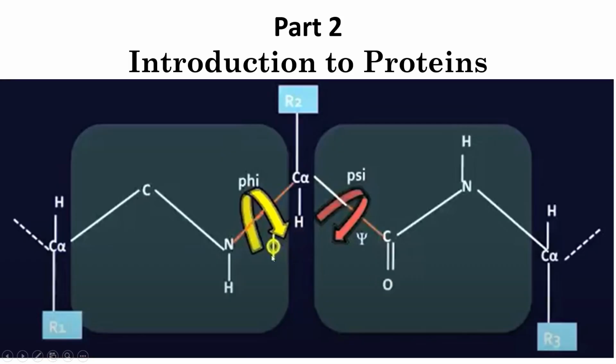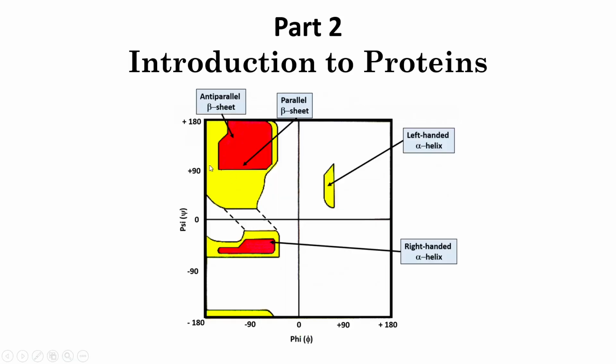As I said, there are certain specific angles at which they are stable, which are the phi angle and psi angle. The phi angle is between the amino group and the central carbon, whereas the angle between the central carbon and the carboxyl group, made with the other amino acid, is called the psi angle. These are certain psi angles, and these are certain phi angles.